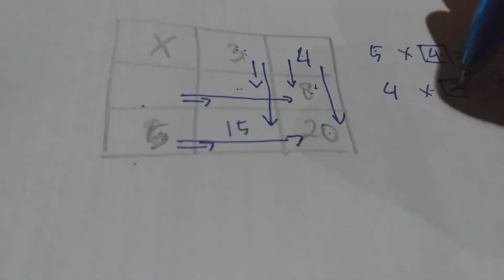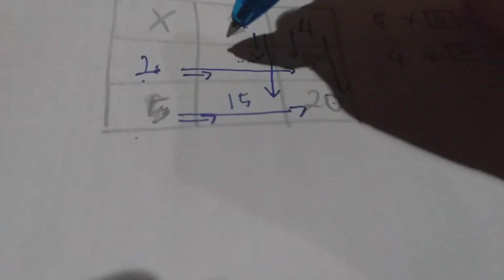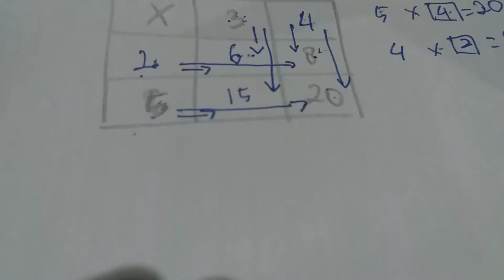It's 2. Yes. So 4 times 2 becomes 8. So here, since there's a number here, you can answer what is the number right here. 2 times 3 becomes 6. That's all.